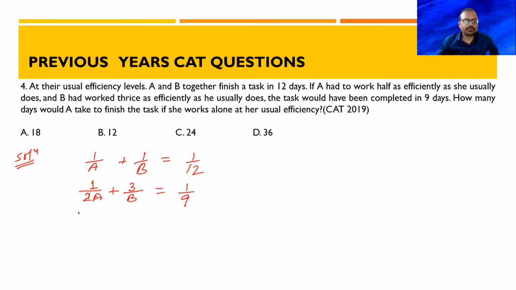How many days would A take to finish the task if she works alone at her usual efficiency? Okay. So we have to find the value of A. So we know how to find this. This simultaneous equation, we will multiply 3 on both sides of the equation. Now we'll subtract the second equation from the first equation.